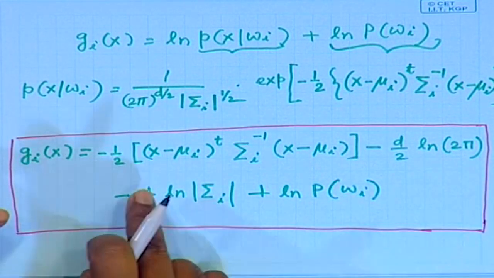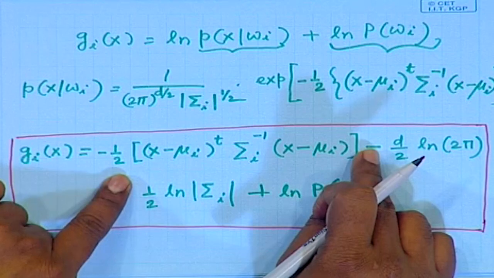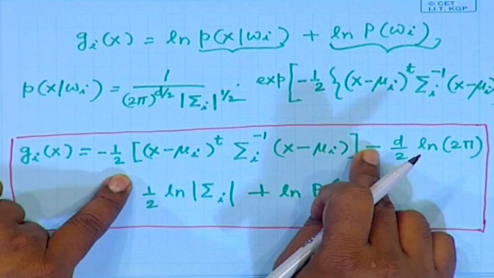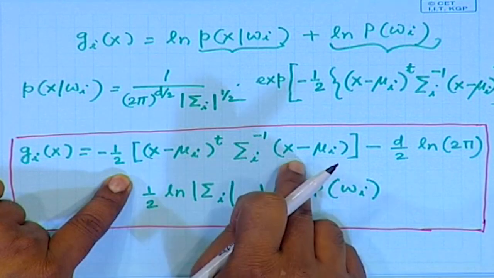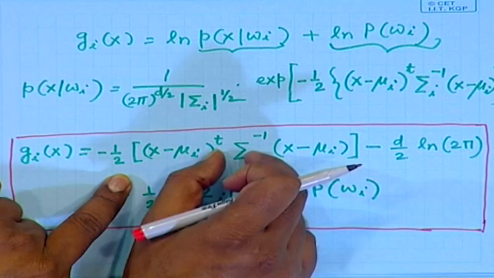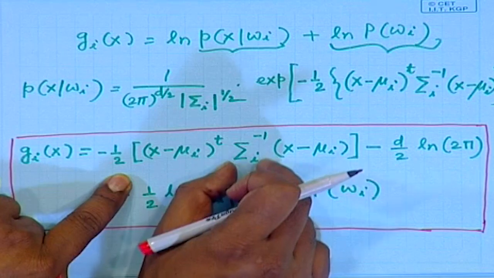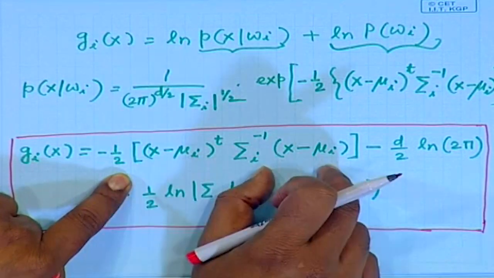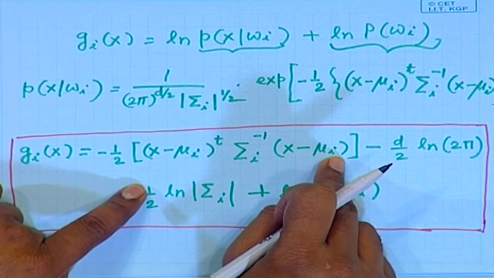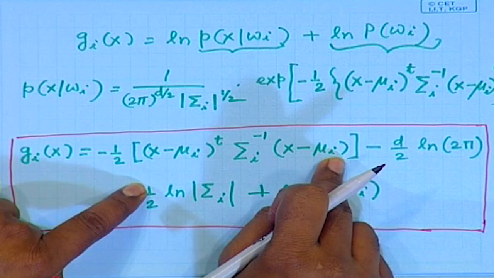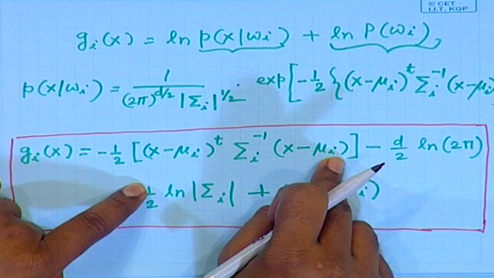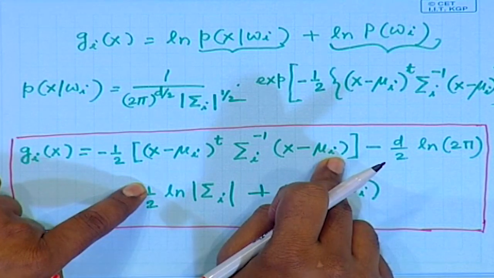From here you find that this is actually a quadratic expression, is it not? I have (x minus mu) transpose into (x minus mu) with sigma_i inverse sandwiched between these two terms. So the Bayes discriminator is actually a quadratic discriminator in general.